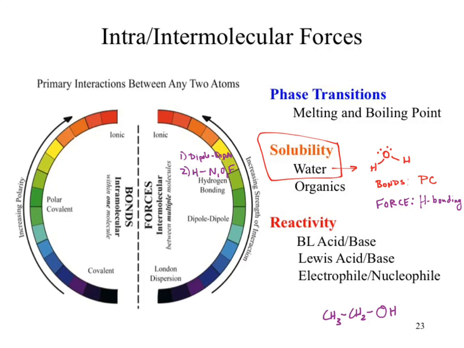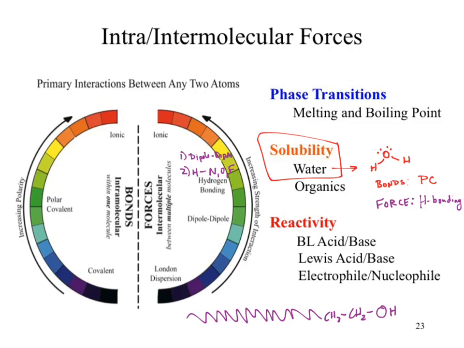But what happens if instead of just two carbons, we string this out to a whole bunch more carbons? It still has hydrogen bonding, but does that big long carbon chain affect the solubility? It has a significant effect. Most of this structure now is just carbons and hydrogens.